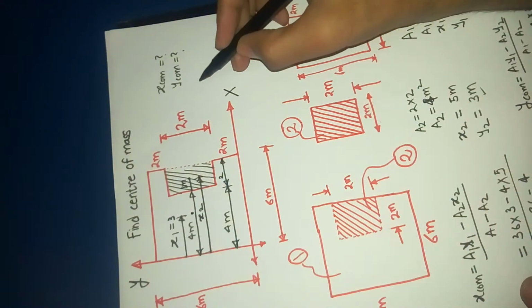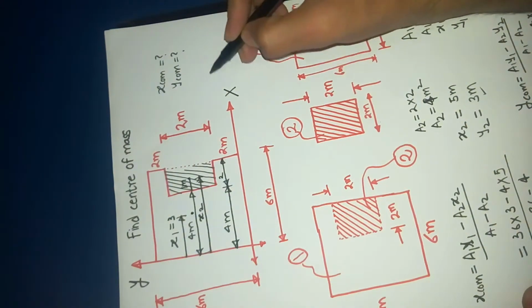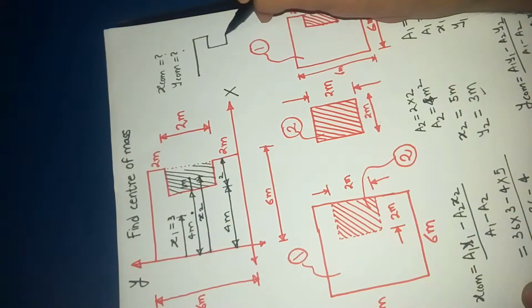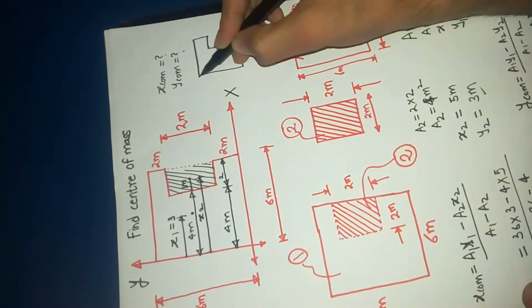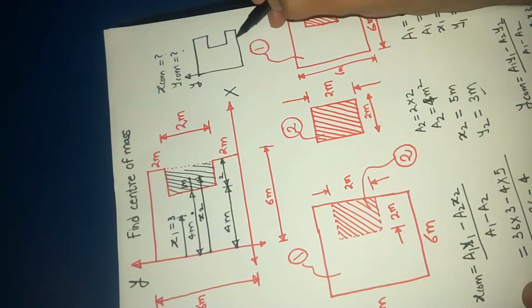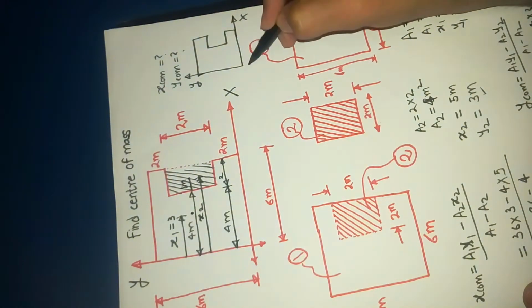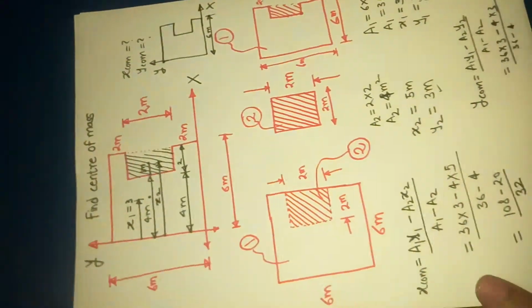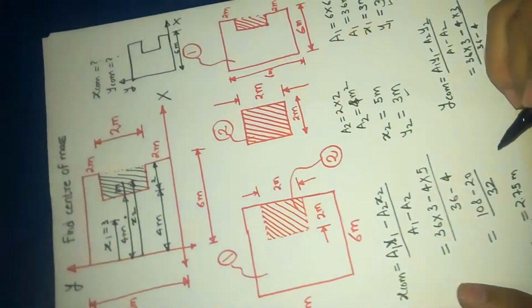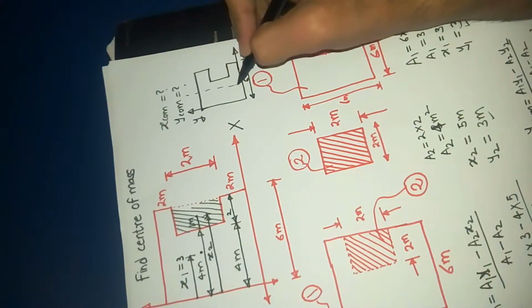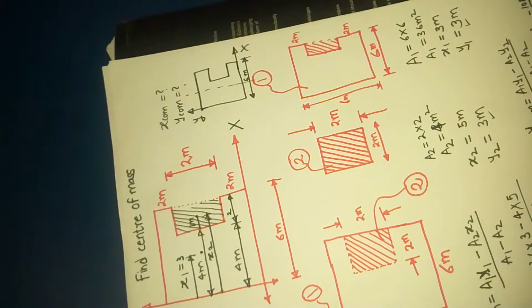If I conclude where the center of mass will be lying, I will draw this diagram again like this. This is the y-axis, this is the x-axis. This total is 6 meter, and our x came 2.75. So 6, its half will be 3 meters, and y is 3 meter.